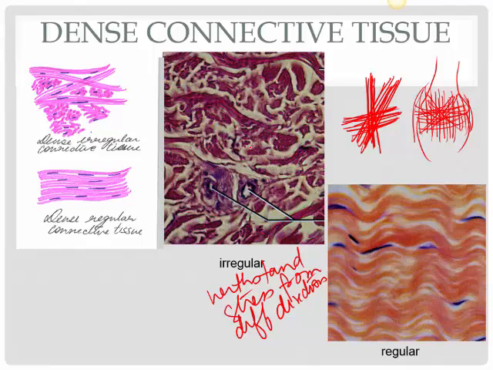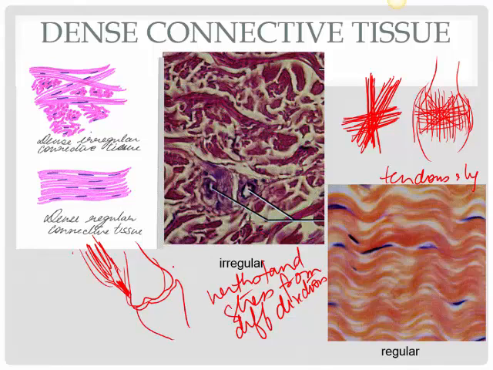Dense regular connective tissue is seen in tendons and ligaments. Tendons connect muscle to a bone. So imagine if this was a bone and here's a muscle, and then the tendon attaches the muscle to bone, and ligaments attach two bones to one another.